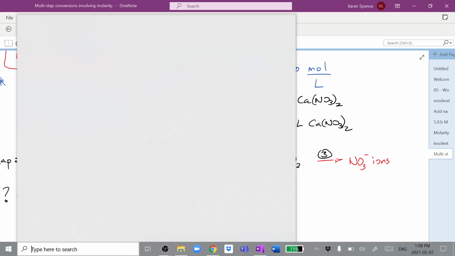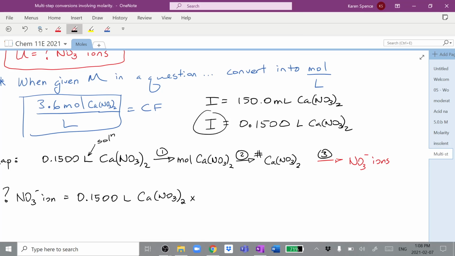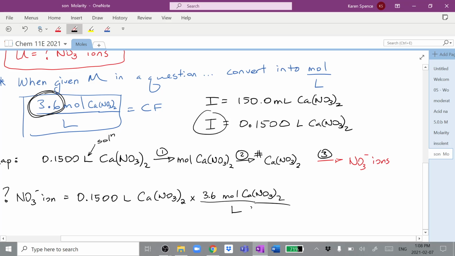So when we convert from liters of solution to moles, we need to use the molarity. So we need to cancel liters and find moles. And the molarity was 3.6 moles of calcium nitrate per liter of calcium nitrate solution.